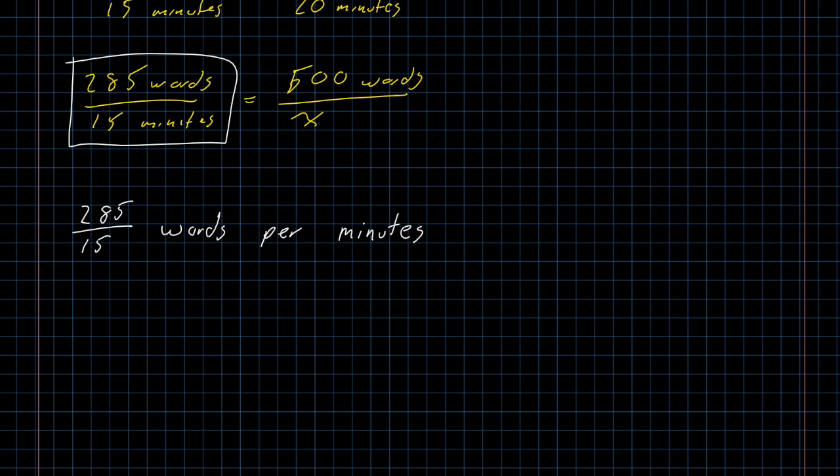And I can use a calculator to divide. 285 divided by 15 is 19. All right, so this person can type at 19 words per minute. Not exactly a speed typist, but honestly better than me.